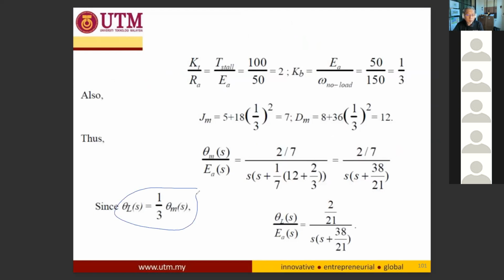Theta L is equal to 0.333 theta M, the ratio of the gear, right? Then put it inside here. So you obtain something like this. What are the roots of this transfer function? The root values.